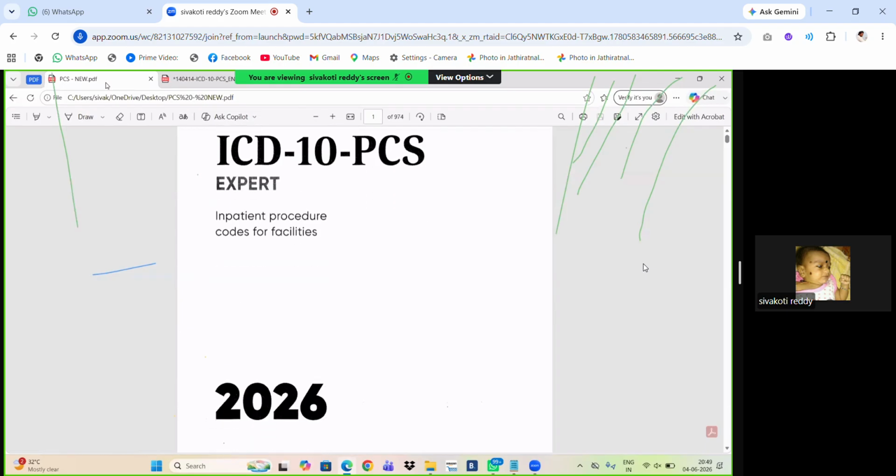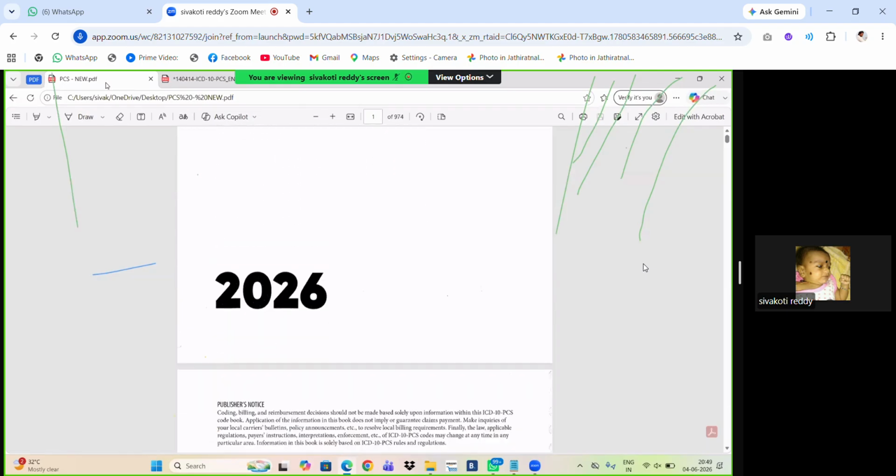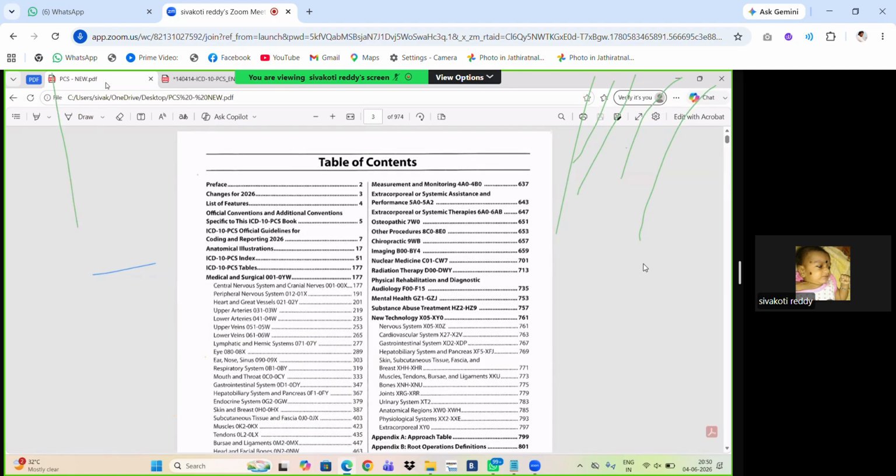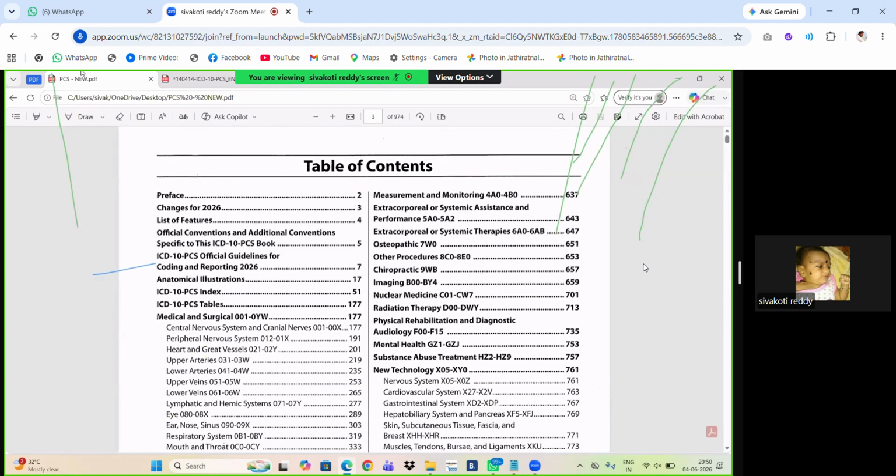Once you open any book, the table of contents is important, guys. Here you will get all the details of the book: the page numbers, and what is mentioned on each particular page, everything is detailed in the table of contents.